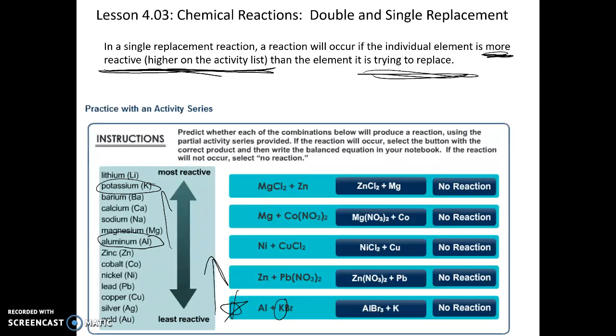So since we're going from here up, that reaction will not actually take place. But let's say, for instance, we are working with magnesium and cobalt. Magnesium is here on our list. Cobalt is lower on the list, and since we're working our way down, the reaction will actually take place here.